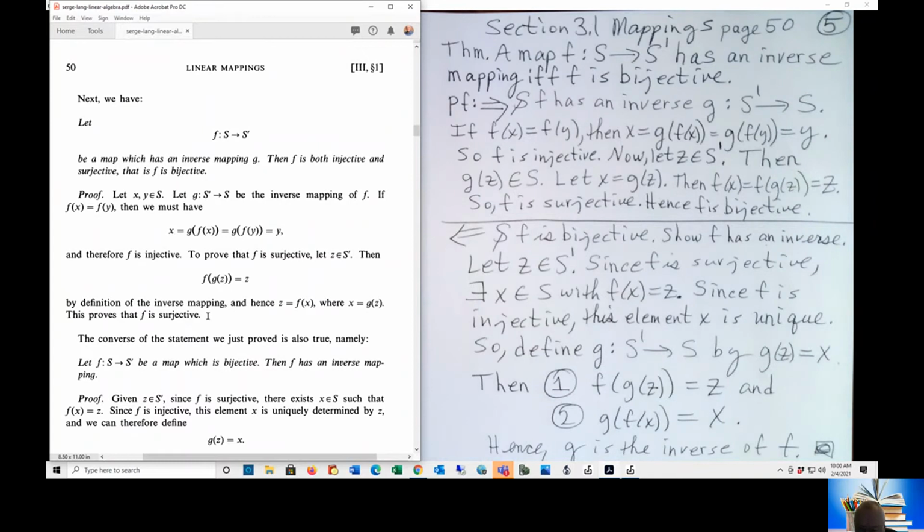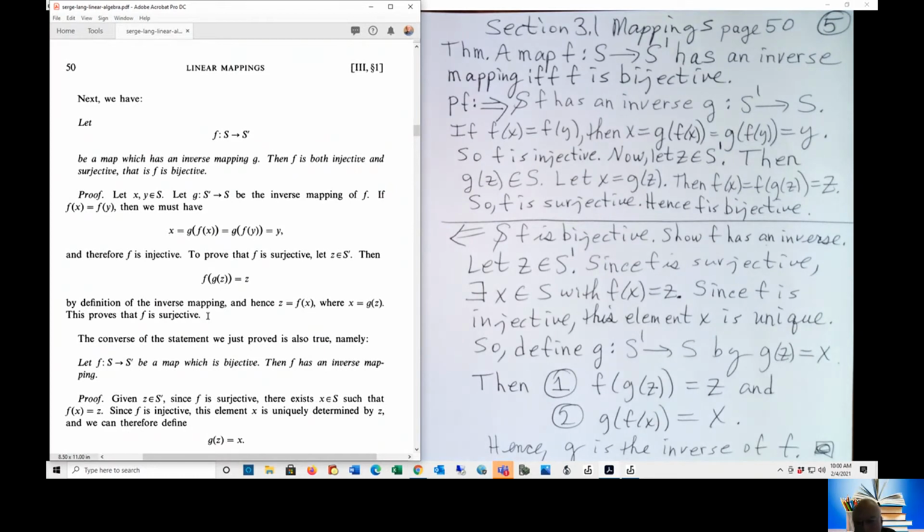Page 50, theorem: a mapping F going from set S to set S prime has an inverse map if and only if F is bijective, that is both one-to-one and onto. Now you probably remember that an if and only if theorem has two parts to its proof: the forward direction and the converse direction.